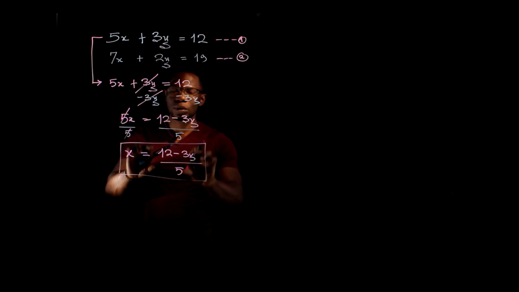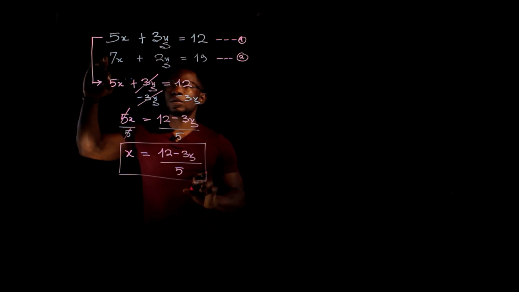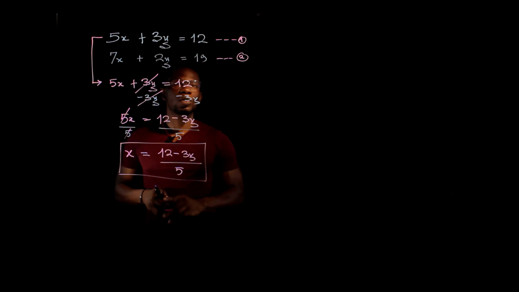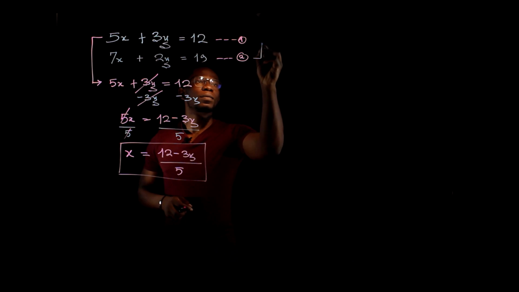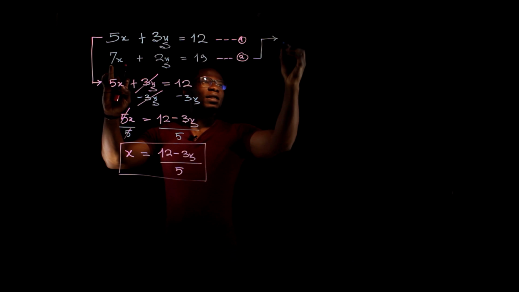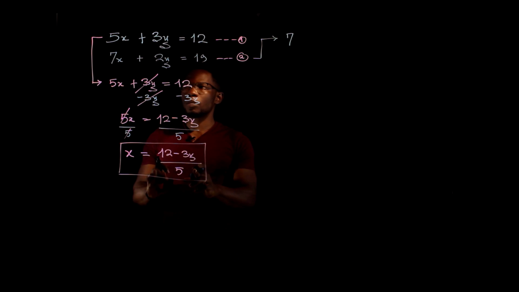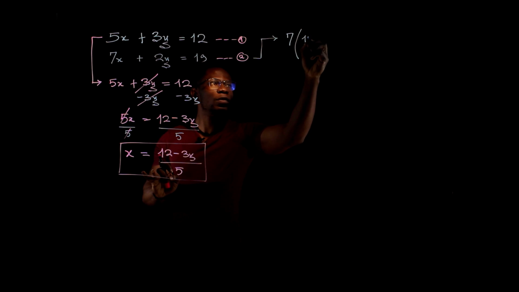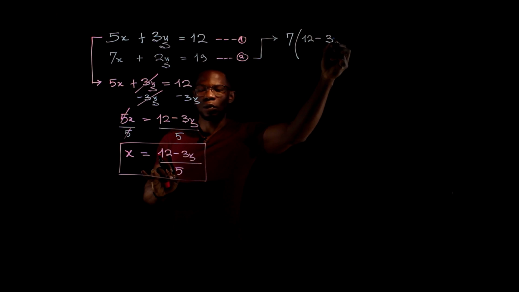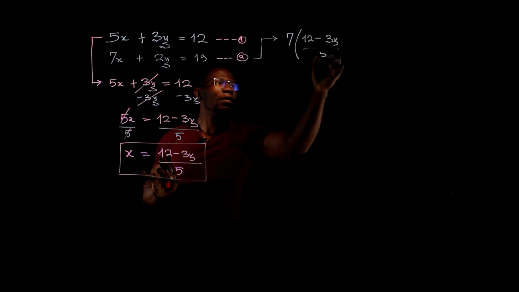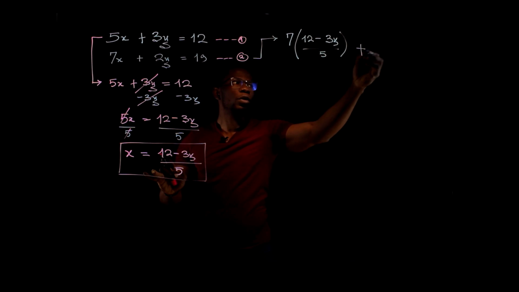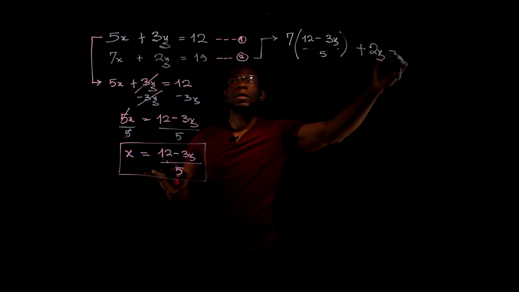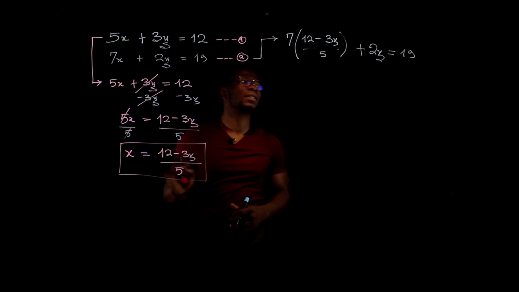The next step is to take this expression and substitute it into equation 2. So our equation 2 then becomes 7, but instead of x here, we have our expression for x. So that's going to be 7 times (12 minus 3y) divided by 5, plus 2y equals 19.